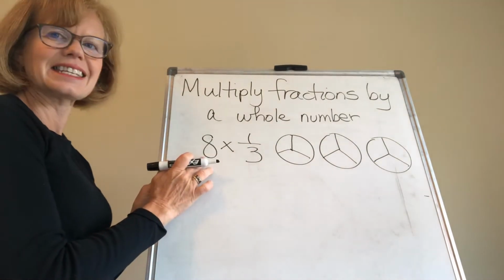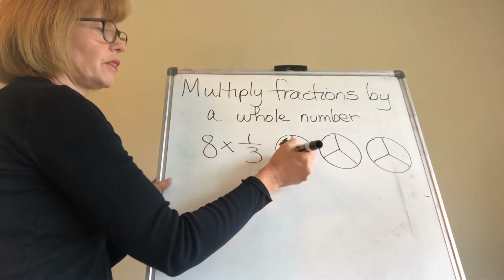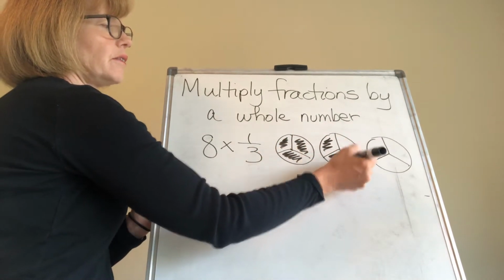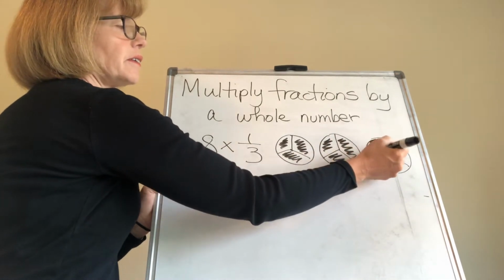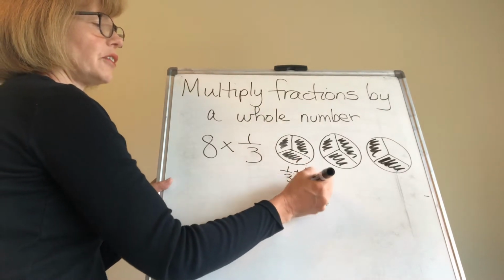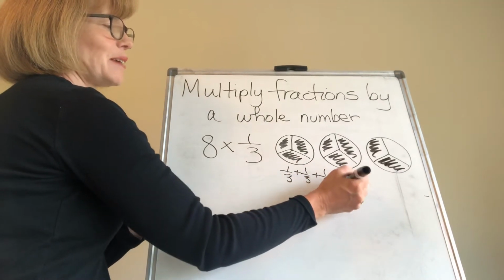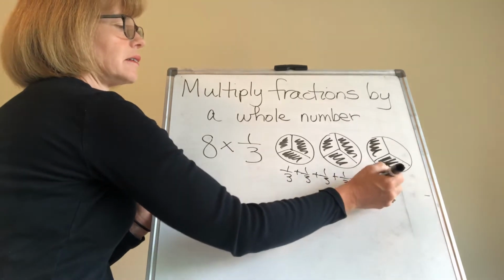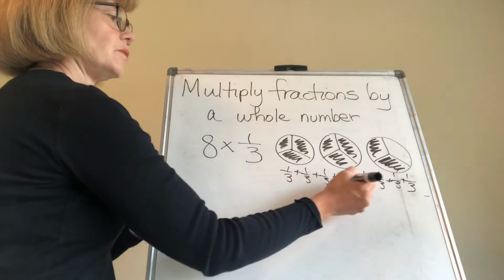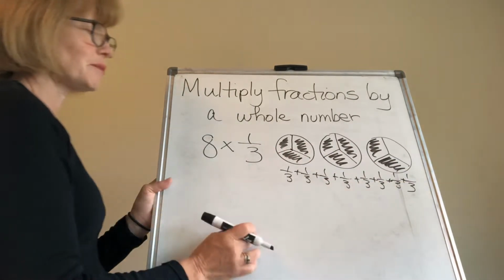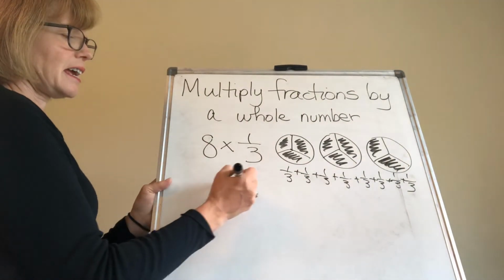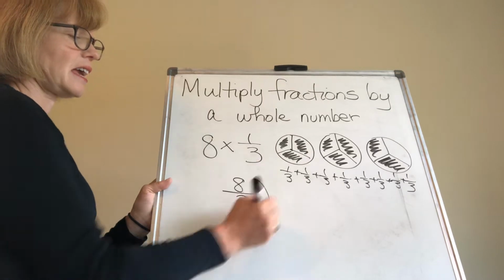I have 8 1/3s. 1/3, 2/3, 3, 4, 5, 6, 7, 8. I have 1/3 8 times. I can also count how many 1/3s here, and the answer is I have 8/3.